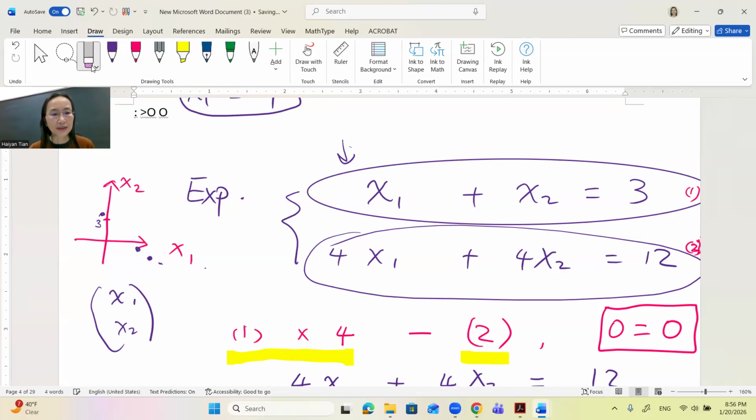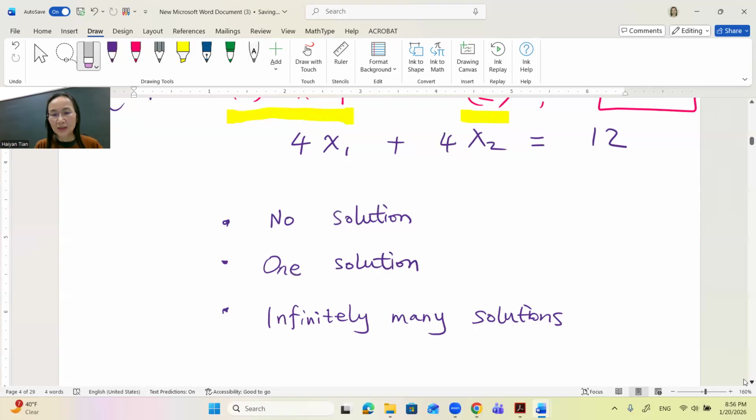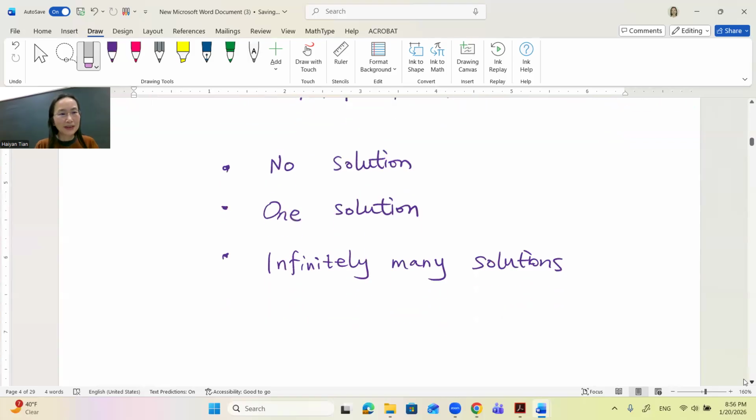So the solutions are many, as long as it is a point on the line. Yeah. So we have three cases. Either no solution. Imagine two parallel lines, they never intersect, right? There's no common point that will be on both lines.